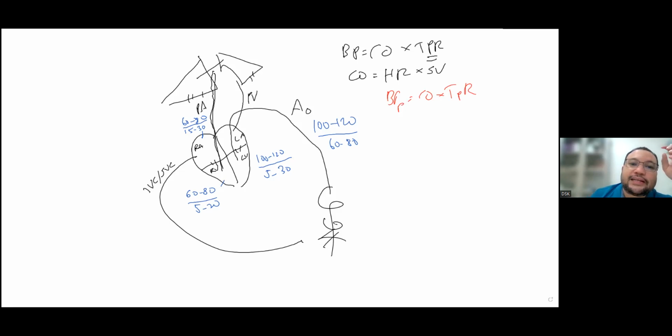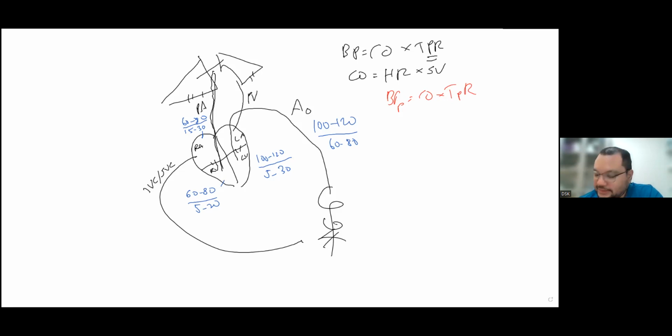Because we are looking at the total resistance in the lungs, lung vessels and so on so forth. If you remember my neonatal lecture kan, macam mana the lungs are filled with fluid in utero, ada pressure and so on so forth. So you're looking at the total pulmonary resistance.